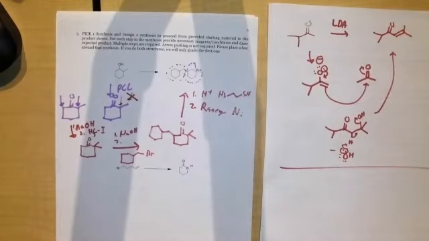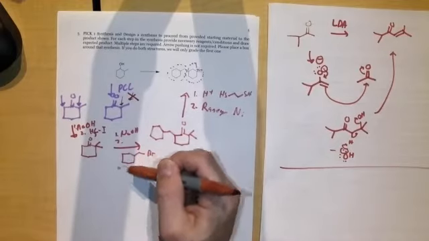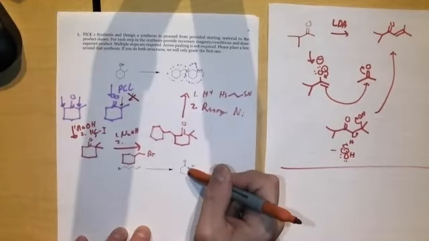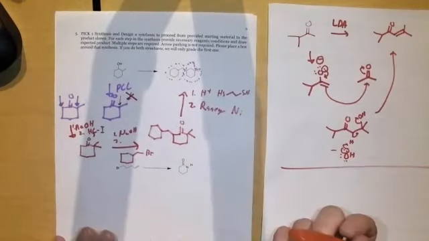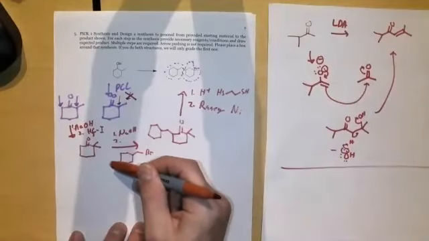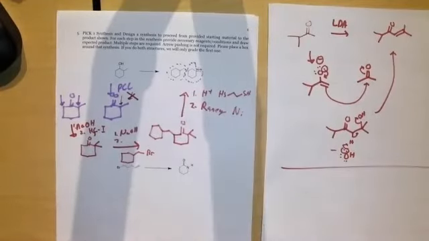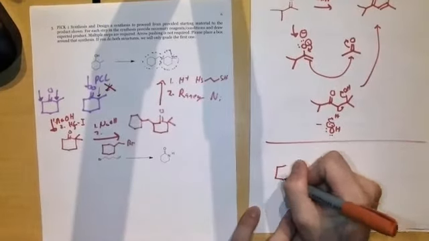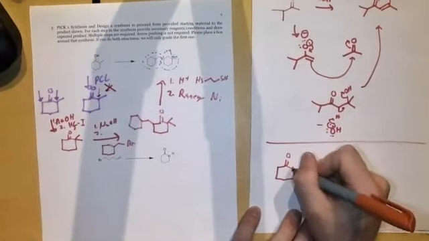All right, looking at this next one, I'm going to kind of go through it backwards. I think that's going to be easier. So looking at my starting material, I got 1, 2, 3, 4, 5, 6 atoms here. I need to make a 6-membered ring with a nitrogen. One option would be to replace the Br with a nitrogen and then try to do some sort of a cyclization like that. If I was doing that, I'd probably want something that looks, I'm gonna draw on this page, and the nitrogen there.